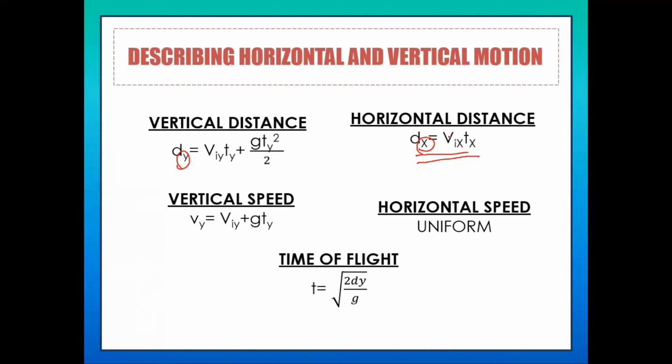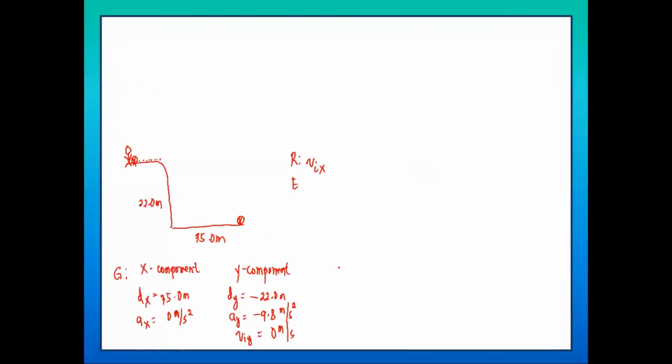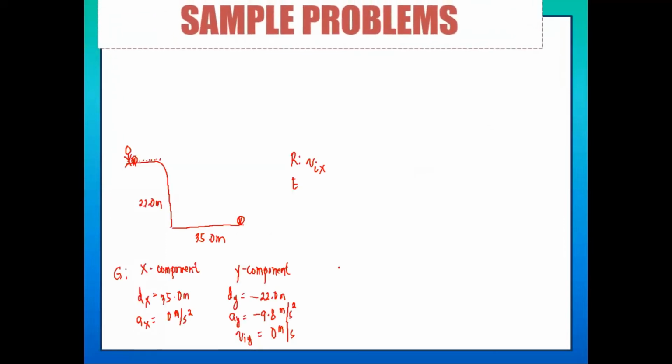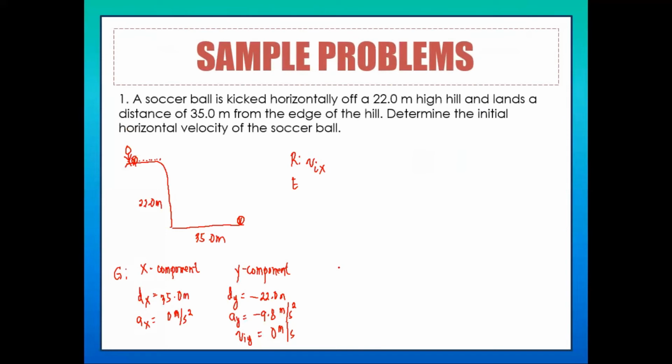Bakit? We're after with V sub Ix. So, we're going to manipulate it later on. Okay? But before that, since we're after with the time, no? Dahil may variable t here, t sub x, kunin natin yung value ng t. Okay? O, susulat lang ni Sir yung equations na gagamitin natin.